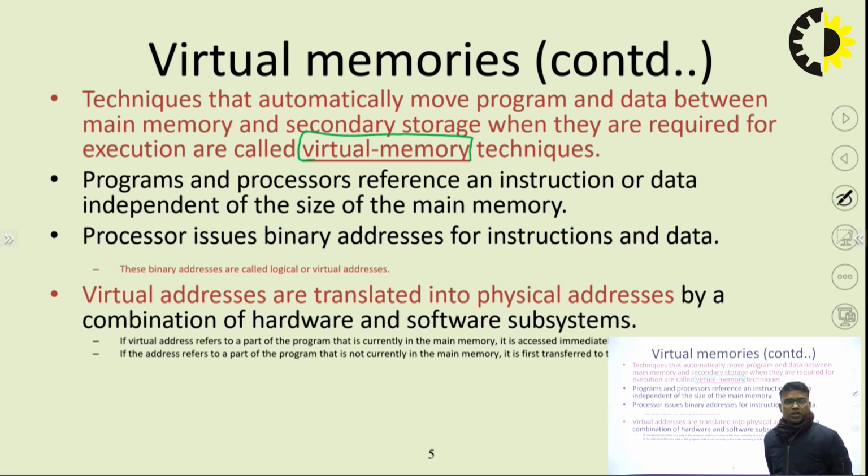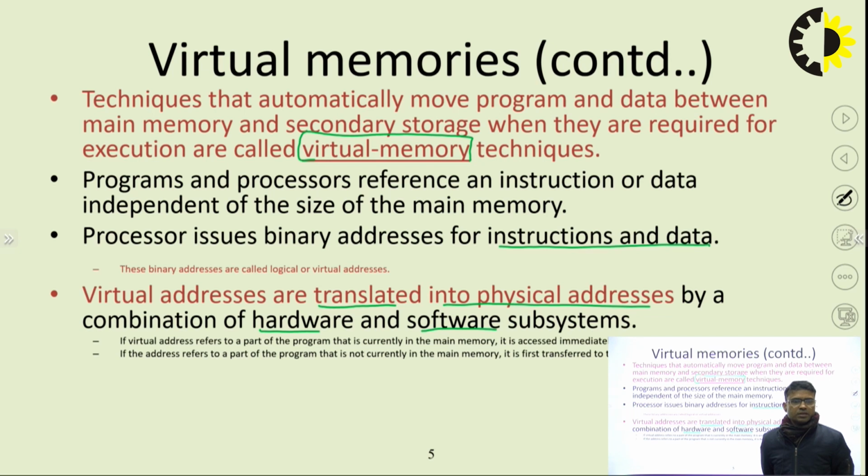So, the processor issues binary instructions and data addresses to refer to that particular program in the user process. So, what does the virtual address do? A virtual address is translated into a physical address by a combination of hardware and software subsystems available in the computing system.